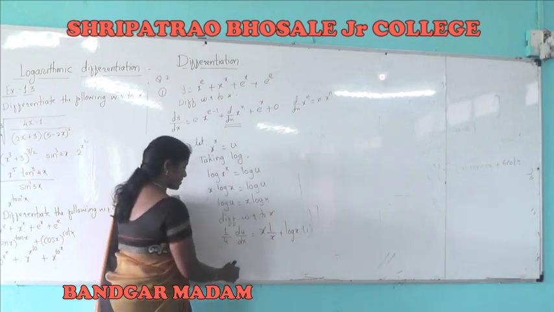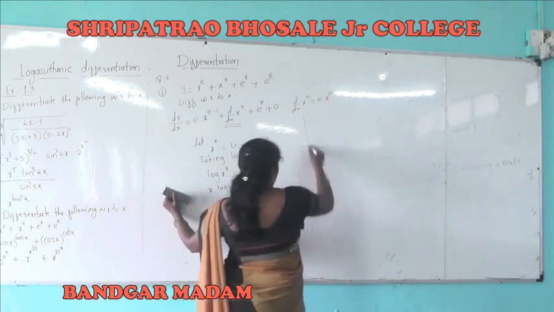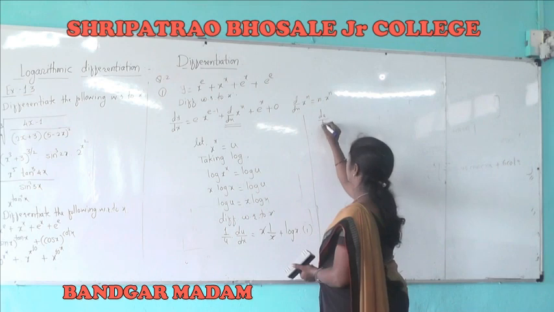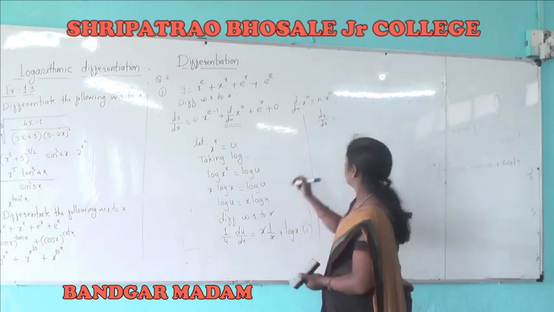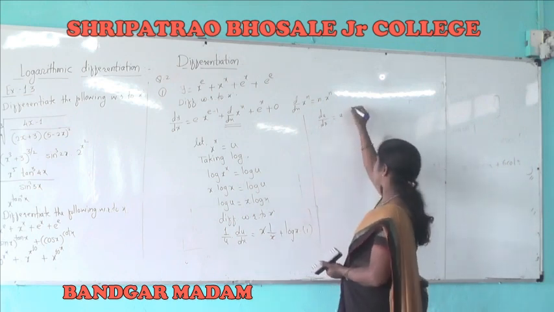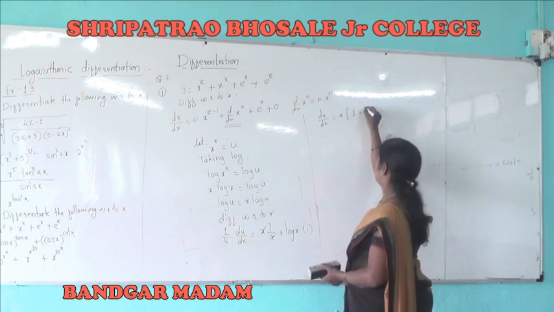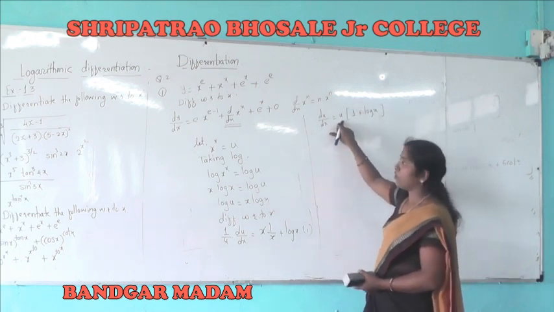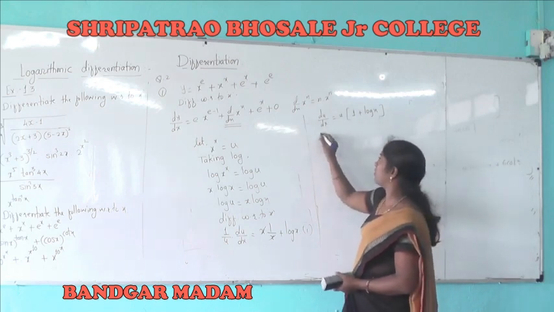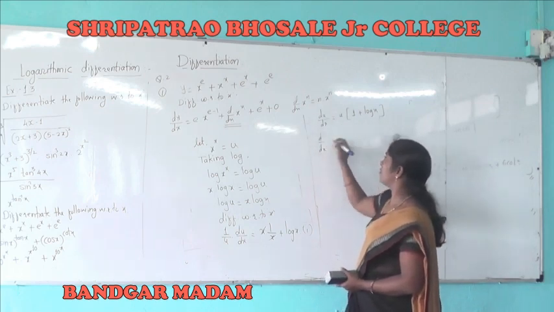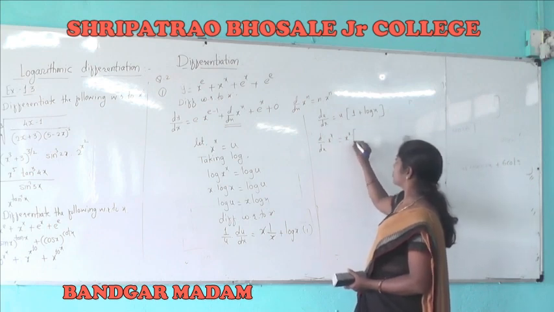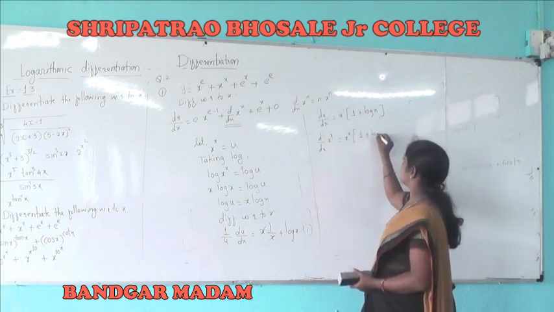Now here x cancels and we get du by dx is equal to, this u goes to the RHS, u into 1 plus log x. Now by replacing u, we get the required derivative: d by dx of x raised to x is equal to x raised to x in bracket 1 plus log x.